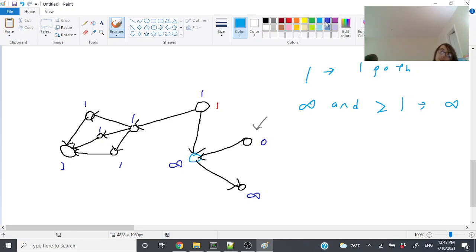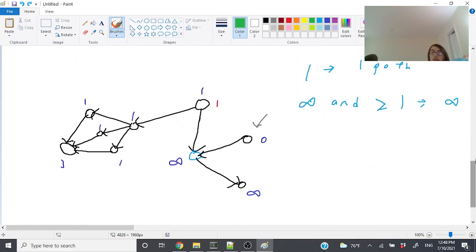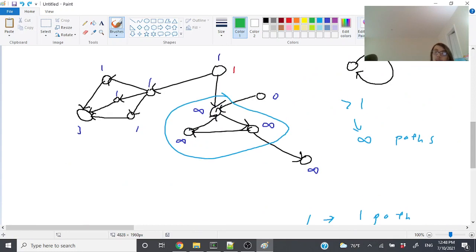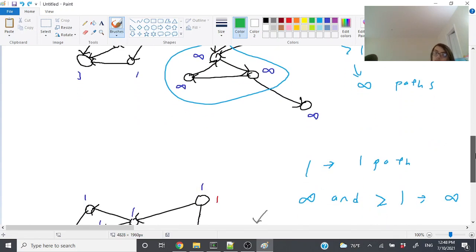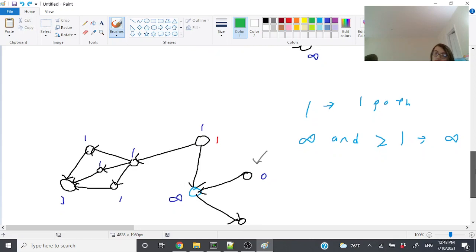And so the way we check infinite again is either it has an edge to itself, like we have a node that has an edge to itself, or we have an SCC with more than one node. And in fact, I think these are equivalent, because if an SCC has more than one node, then it would have that anyway. So we might as well just check if it has an edge to itself. Like if there's an edge from some node in the SCC to some other node in the SCC. But it doesn't really matter.